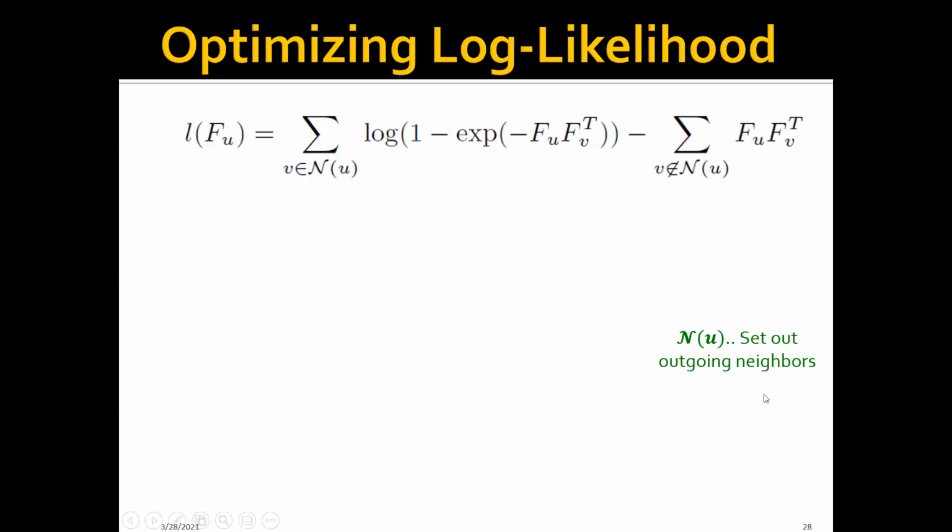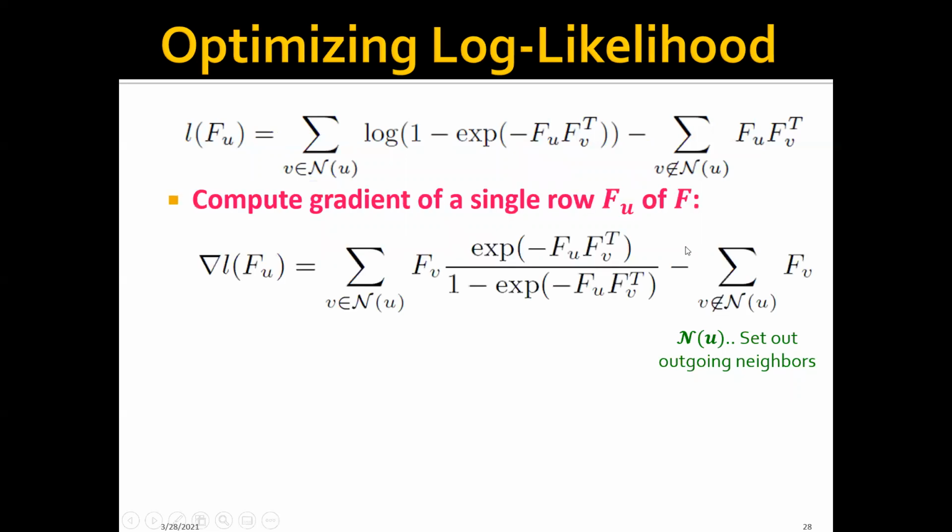And we find that in order to find this optimal vector FU, we can easily compute the gradient of a single row FU of this large matrix. So basically, this is the gradient of this objective function with regard to FU. Note that when we're computing this gradient of FU, we're actually fixing all the other FV here.